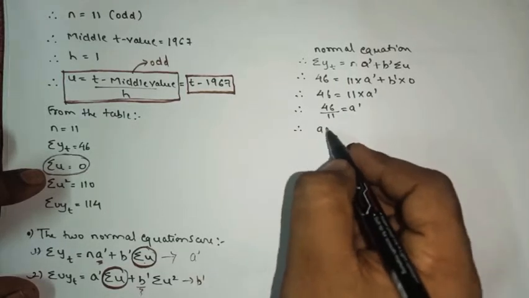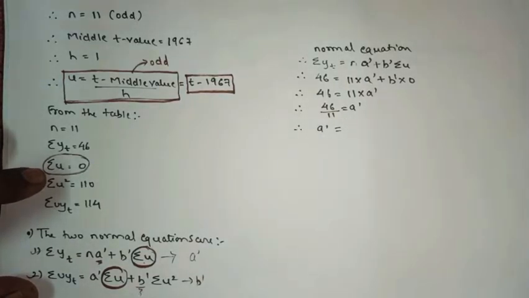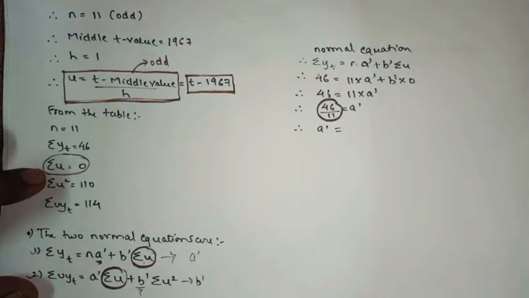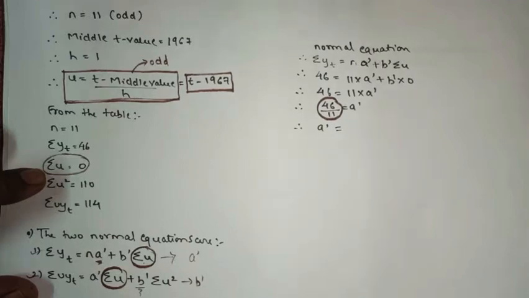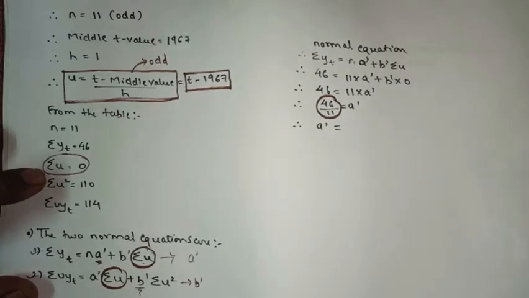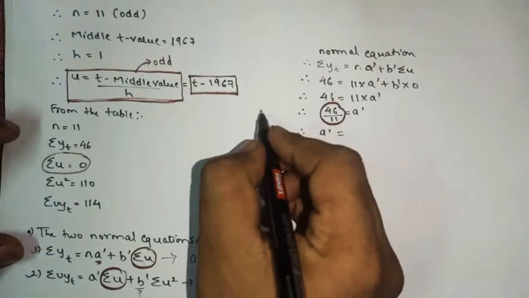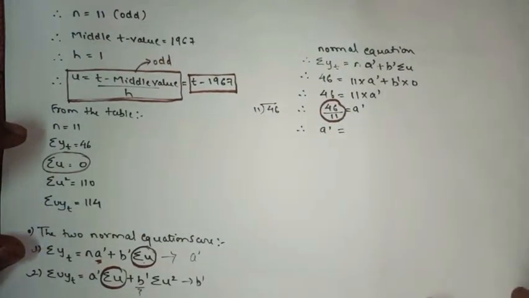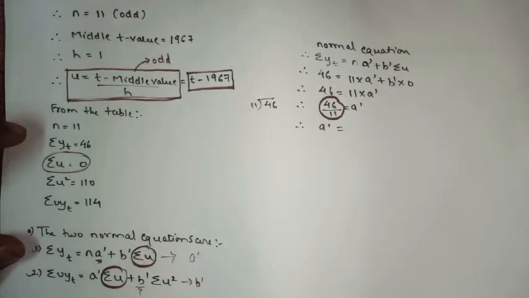So when you divide 46 upon 11, as I told just now, addition, subtraction, multiplication you have to do by yourself. When you divide 46 by 11, you will get the answer.